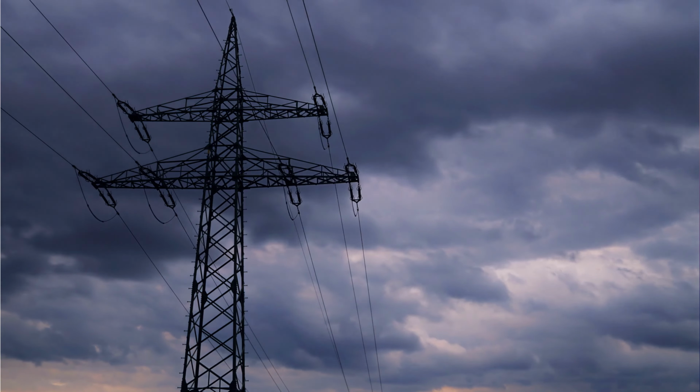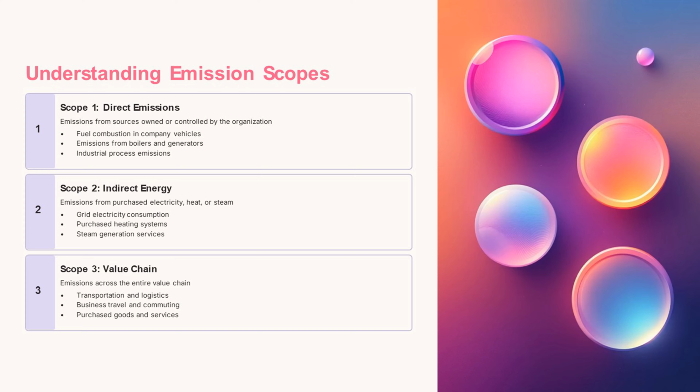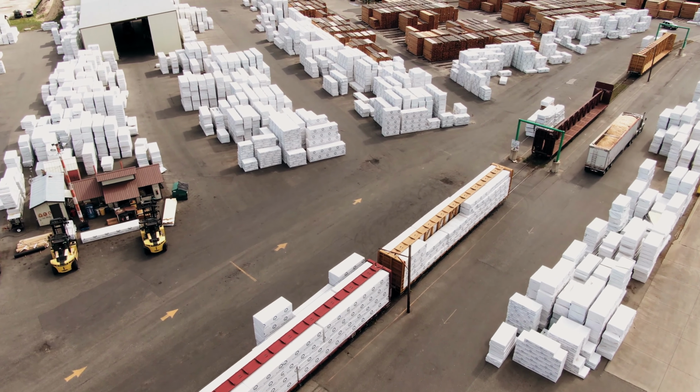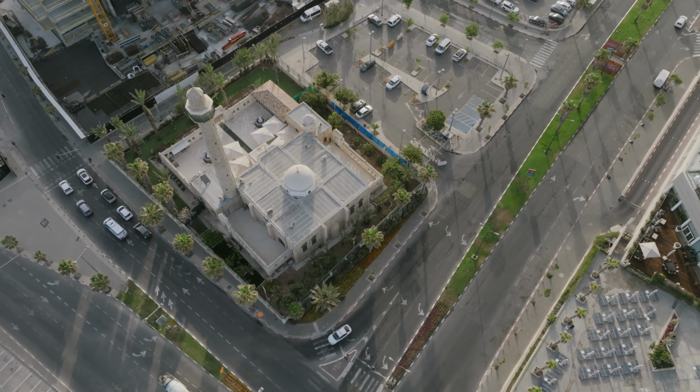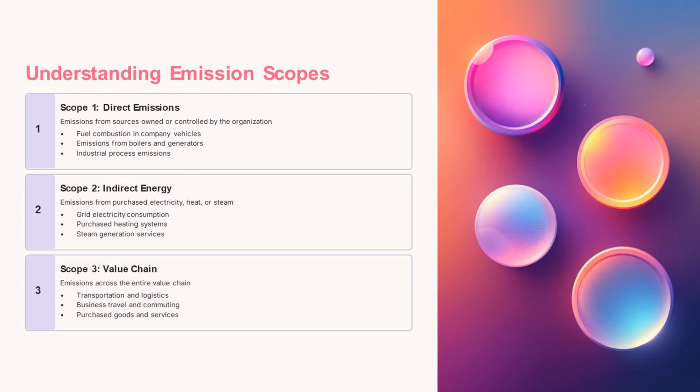For example, electricity purchased from the grid. Scope 3, other indirect emissions. Scope 3 includes emissions occurring across the value chain of the organization. Examples include transportation and logistics, business travel, waste management, purchased goods and services. ISO 14064-1 helps organizations systematically identify and calculate emissions from all these sources.